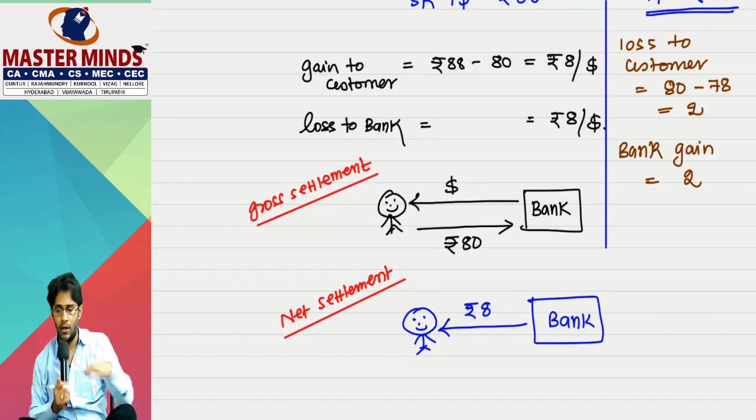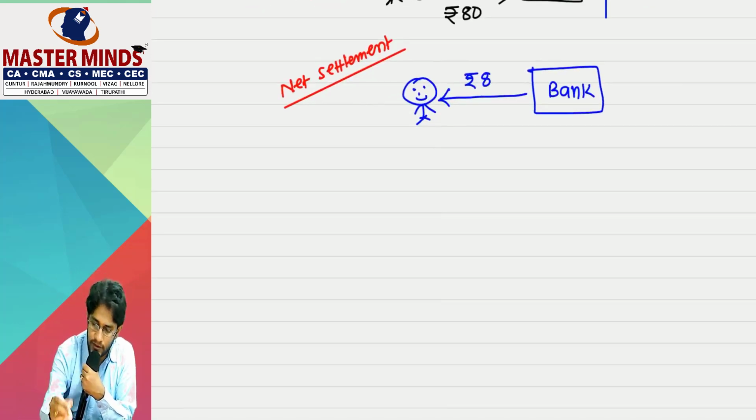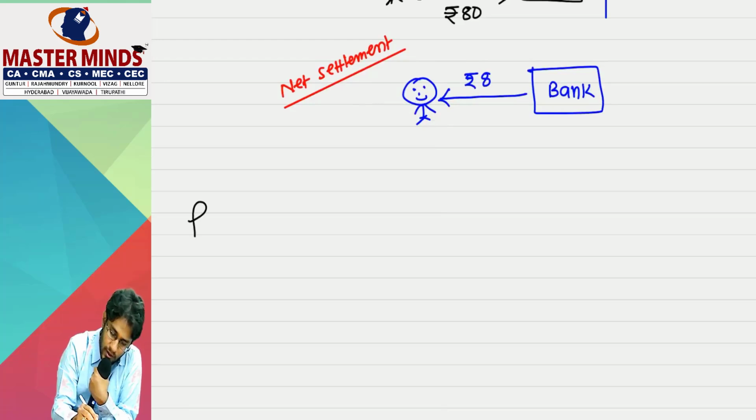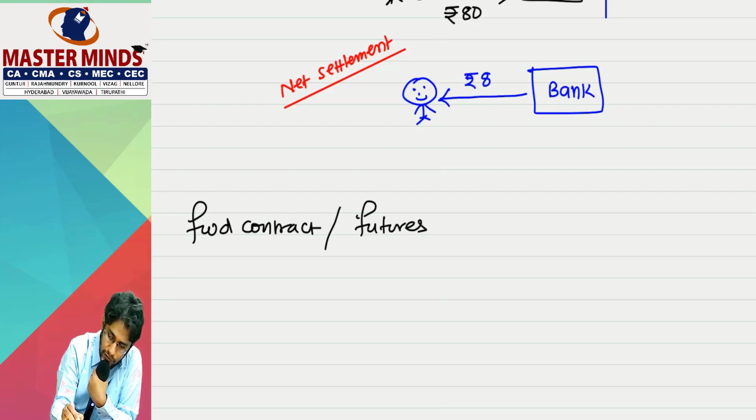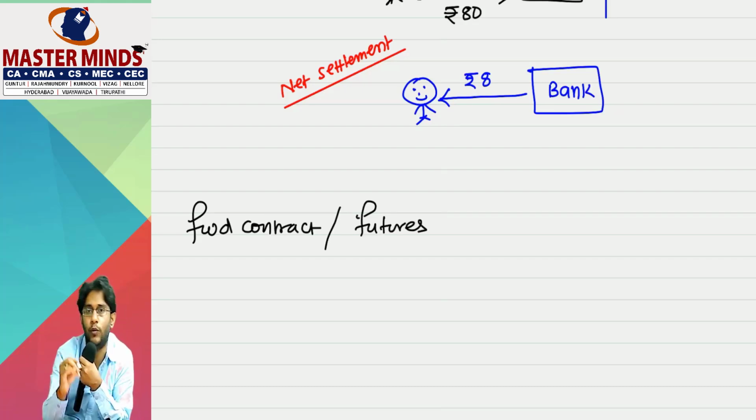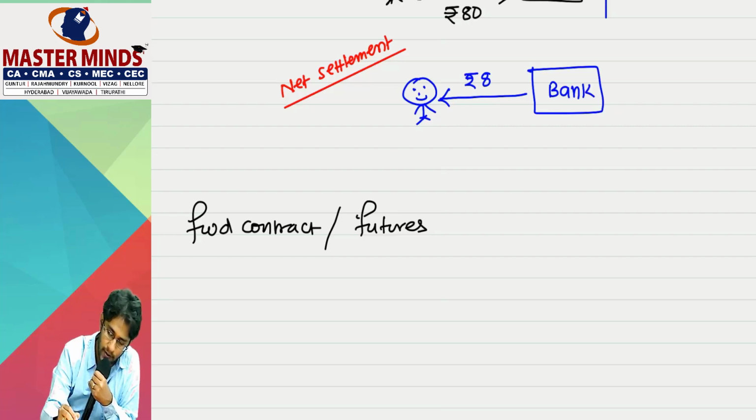That's all. Now what I want to tell you from this is, in a forward contract, or for that matter in a futures contract, when will you gain, when will you lose?